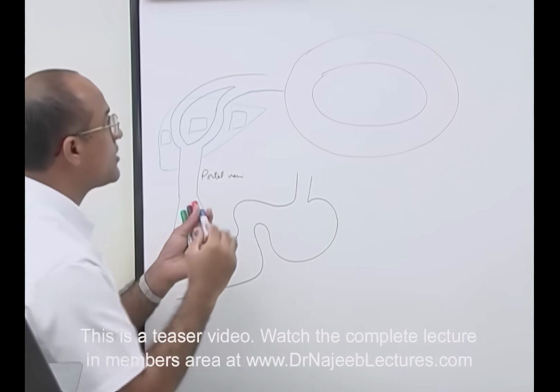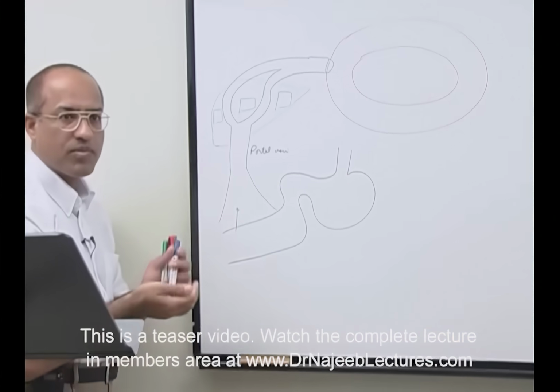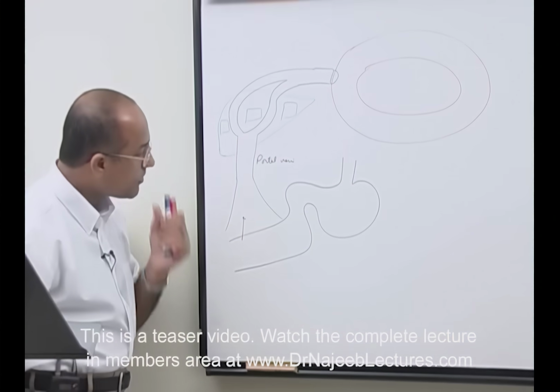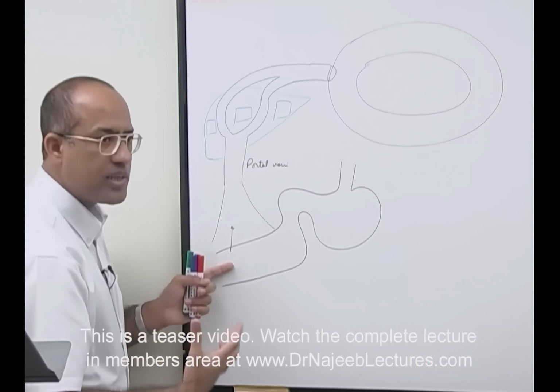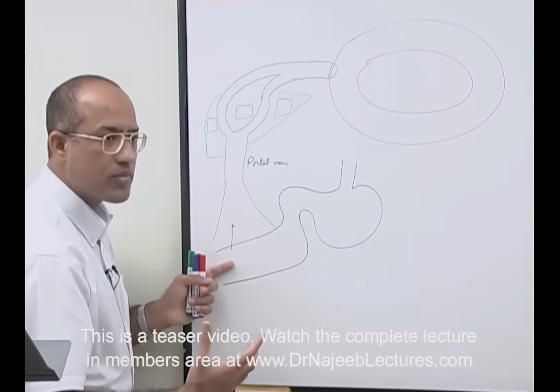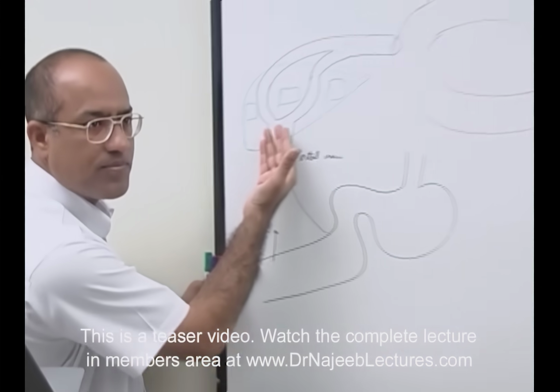Now this point is very important to understand this particular pathway, because when you take a heavy meal, especially a meal rich in carbohydrates, a very large amount of glucose is absorbed.